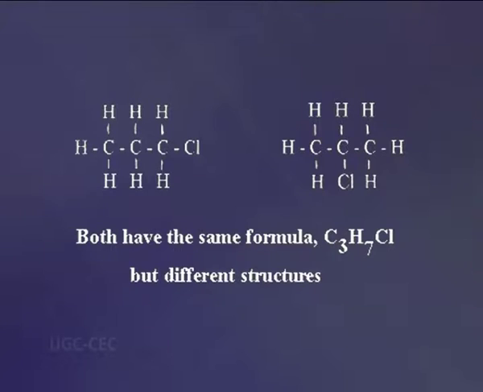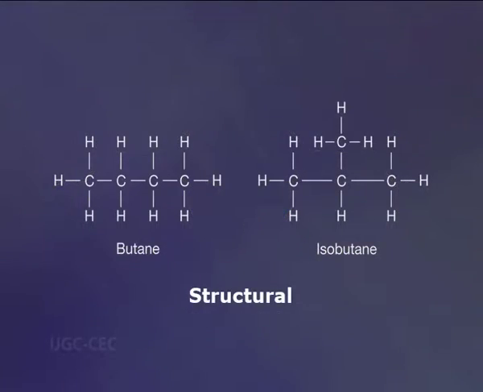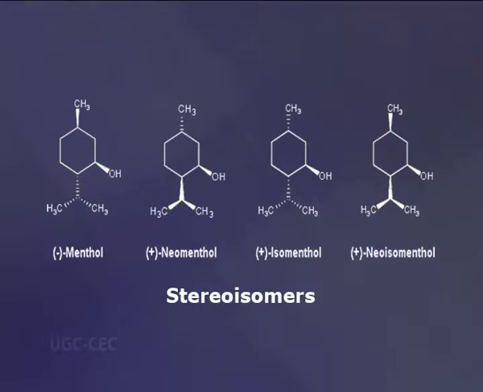Isomers have the same molecular formula but differ in their structural formula. These differences can change the chemical properties of the molecule. There are multiple classes of isomerases, for example, geometric, structural, enantiomers and stereoisomers.